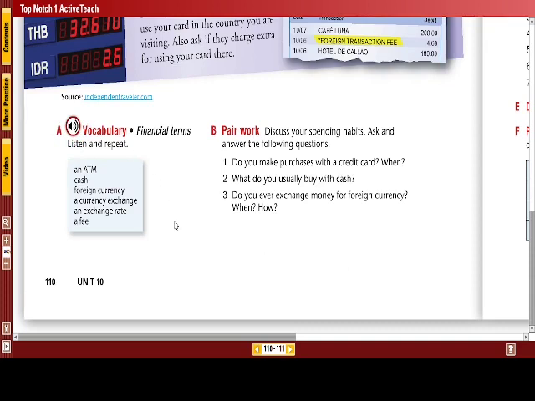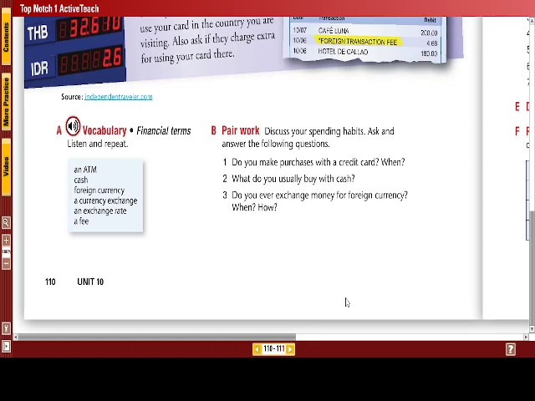We have an ATM, which stands for automatic transaction machine, cash, foreign currency, a currency exchange, an exchange rate, a fee. And we could discuss: do you make purchases with credit cards?